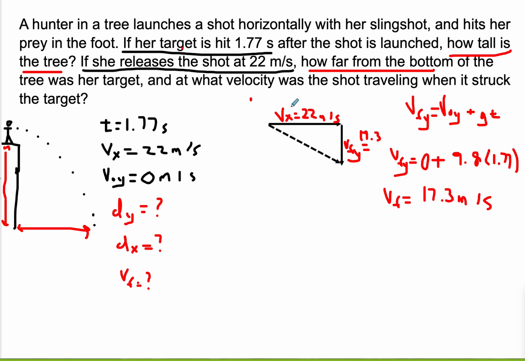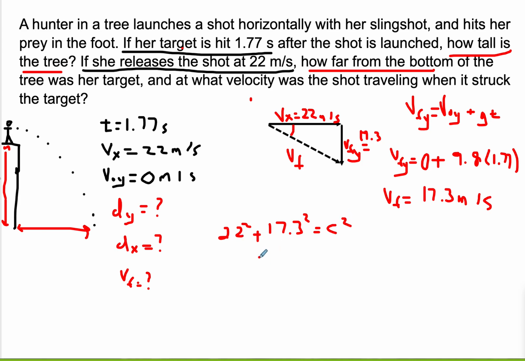Okay, so the top is 22, the bottom 17.3, to find the hypotenuse, to find VF. I'm going to find this angle, and I'm going to find the hypotenuse. So the speed part of it, which is the hypotenuse, that's going to be 22 squared plus 17.3 squared equals c squared.